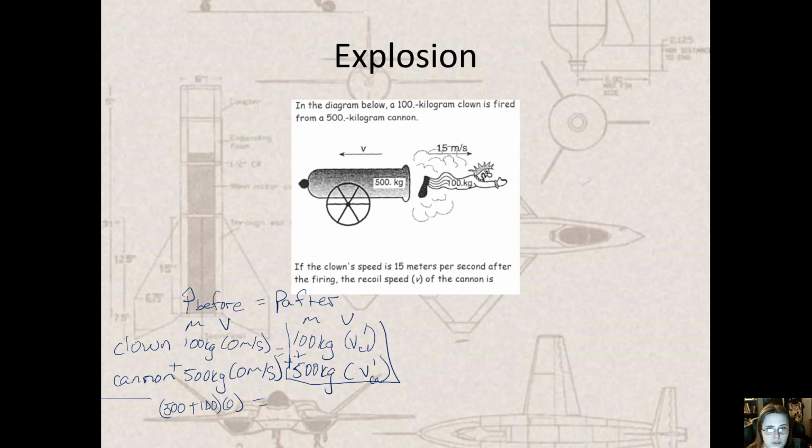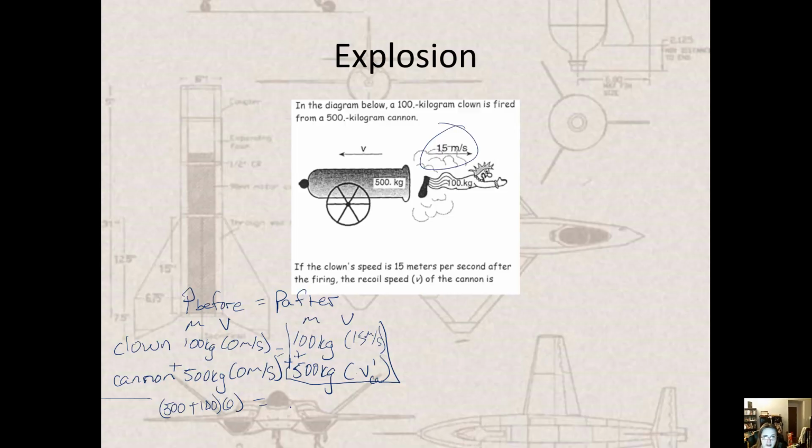So then this is equal to the clown afterwards. That's just from the equation. So instead of this, we're going to write 15 meters per second. And that's just from this right here.